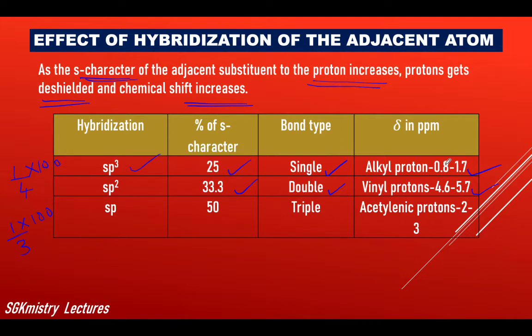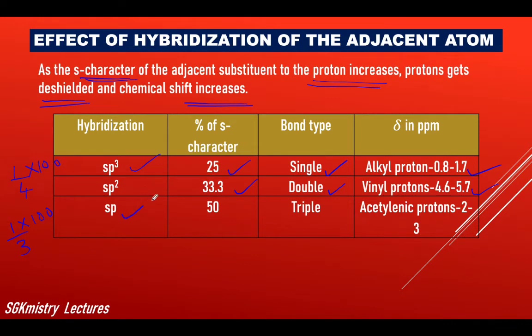That is nothing but ppm. You can express it in either way. So now we can see as the S character increases, from 25 to 33.3, the proton is getting deshielded and hence the chemical shift value is increasing. You can see here it is 0.8 to 1.7, and here the chemical shift has increased to 4.6 to 5.7.